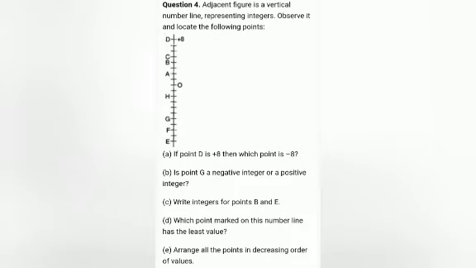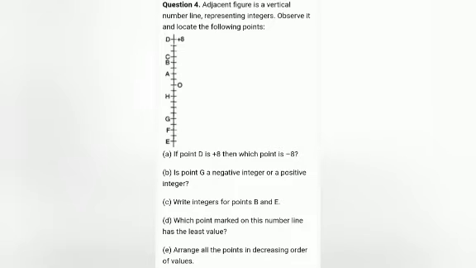Okay, next question. Adjacent is a vertical number line representing integers. Observe it and locate the following points. So here you see the number line.